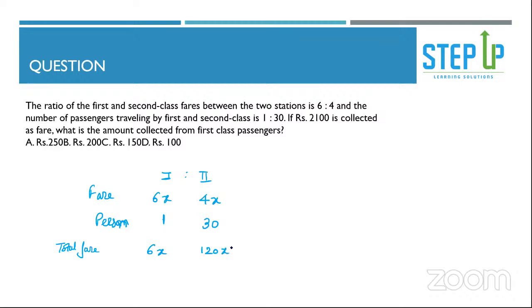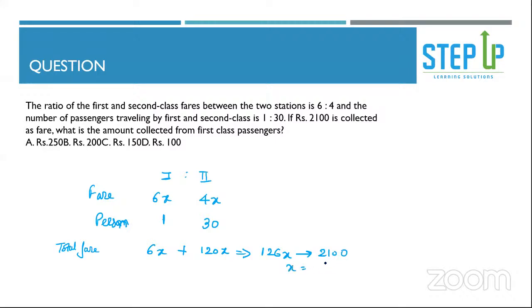Fine. So 6x plus 120x total fare. If I add this up, this will give me what? 126x, which is equal to 2100, right?